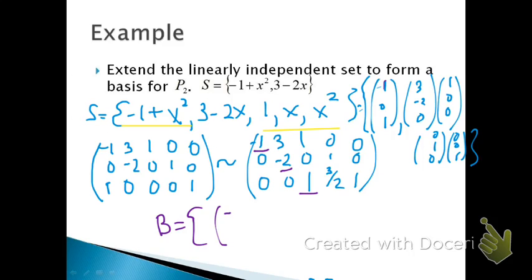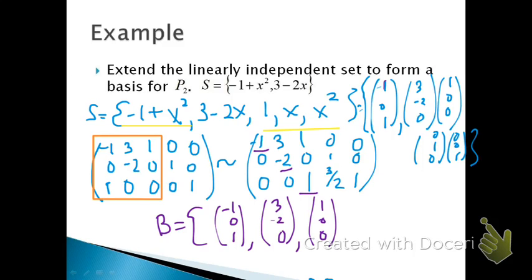our basis is -1, 0, 0. Ooh, that is not true. What should it be? We should go back to our original matrix, right? And choose these vectors. And so therefore, we have -1, 0, 1, 3, -2, 0, and 1, 0, 0.